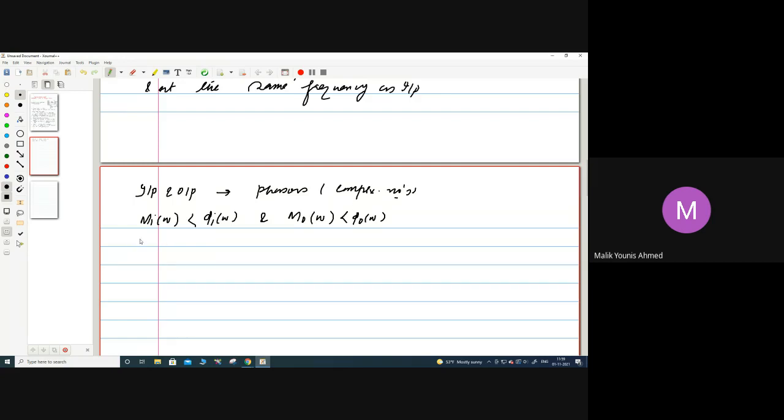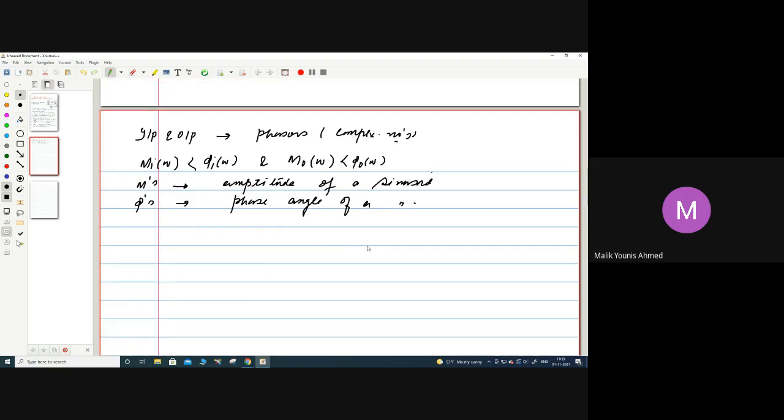We know both the M's are the amplitude of the sinusoid. These will be different. And the phi's are the phase angles of the sinusoids.